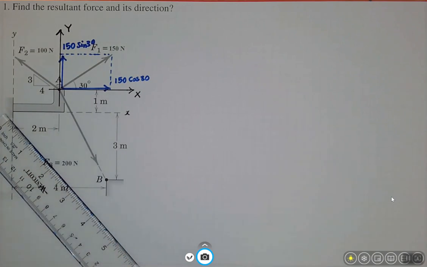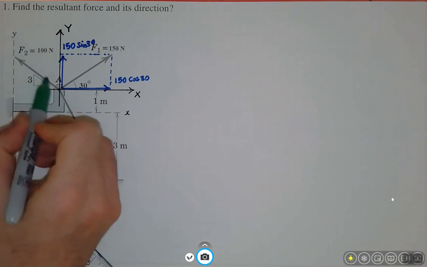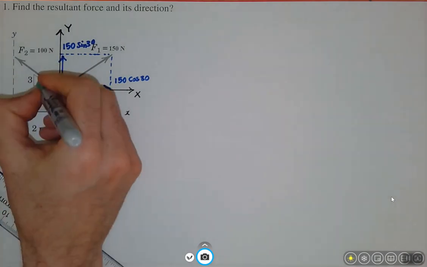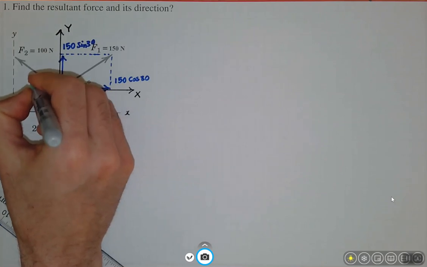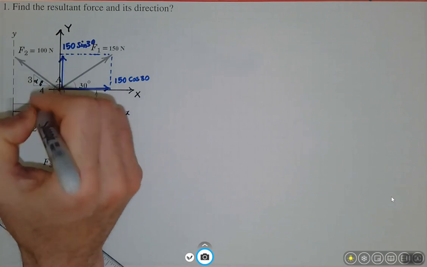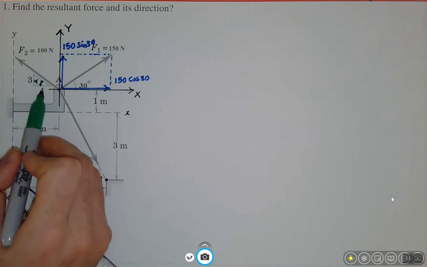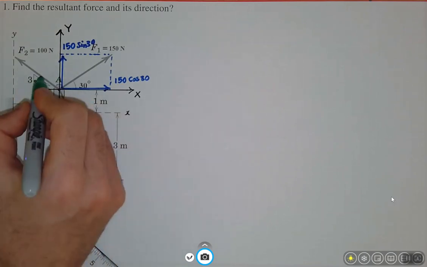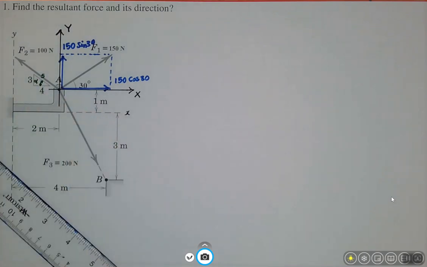So let's go to F2. If I look at F2, I notice that I have a little triangle. As I explained during the lecture, sometimes instead of an angle, we are provided with a little triangle like that. So let's call this angle alpha. In this triangle I have 3, 4. If I use the Pythagoras formula, then this side of the triangle will be 5, right?